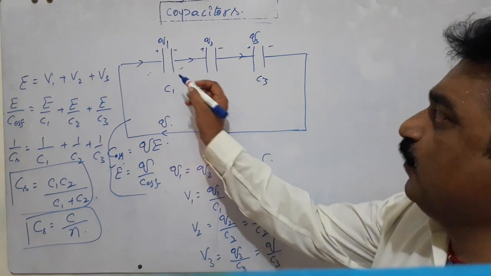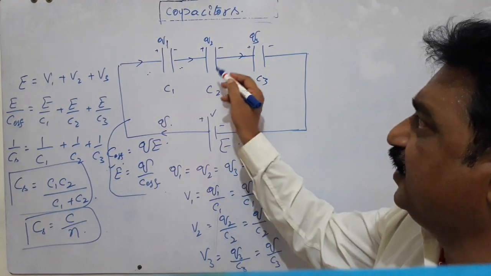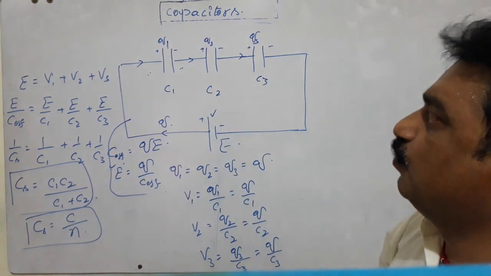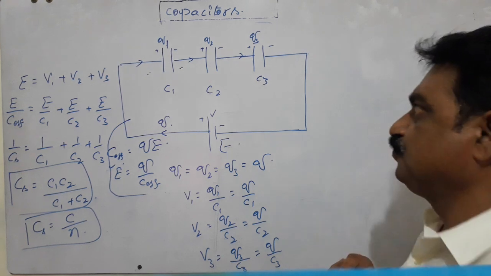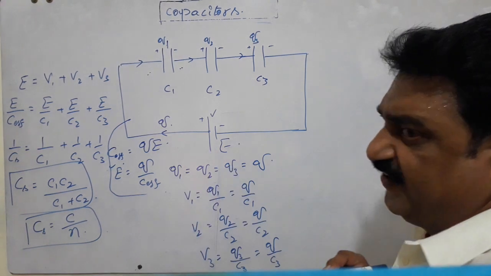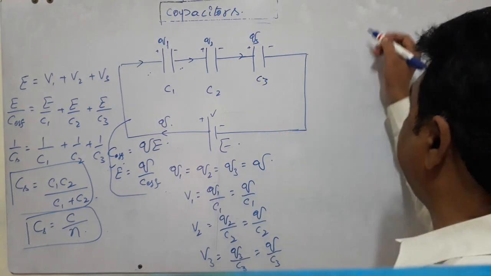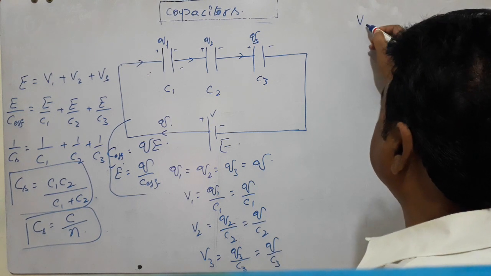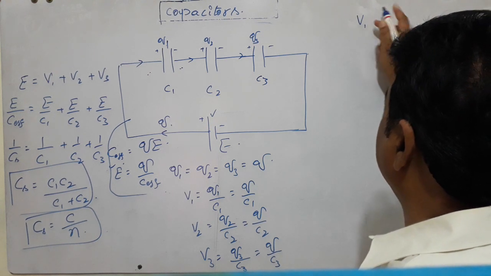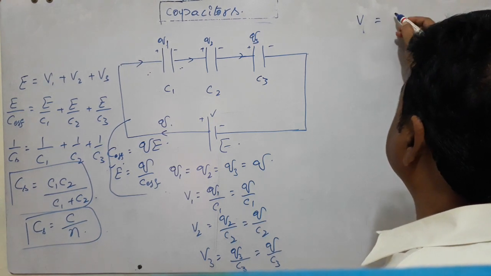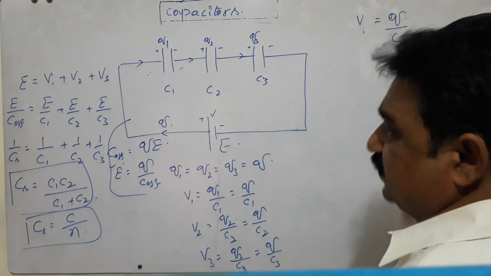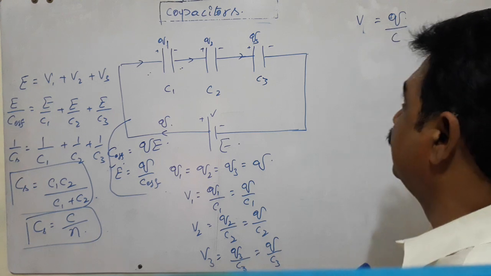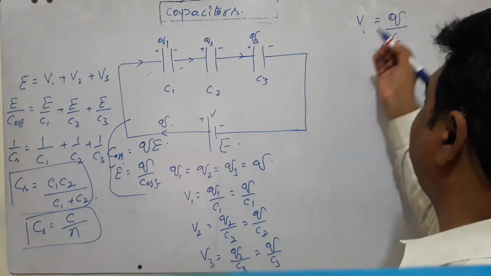Now, if you want to find the individual voltages across the capacitors, if E is the effective voltage, as you have already known, V is equal to Q by C, the general formula for potential of any capacitor.